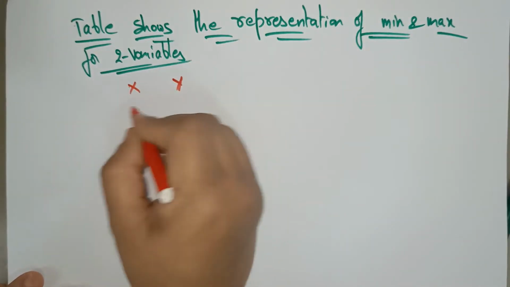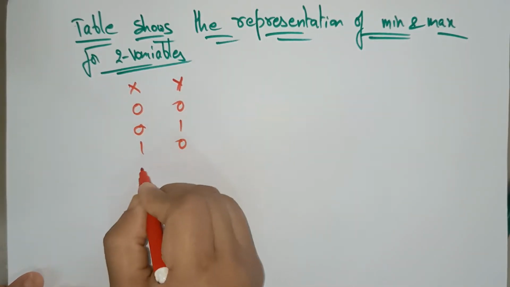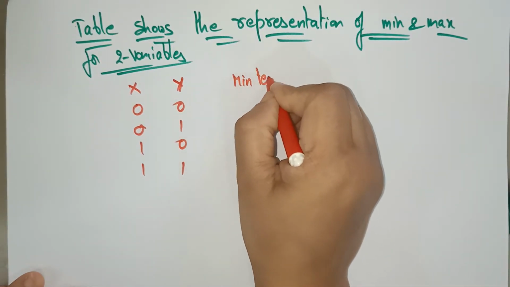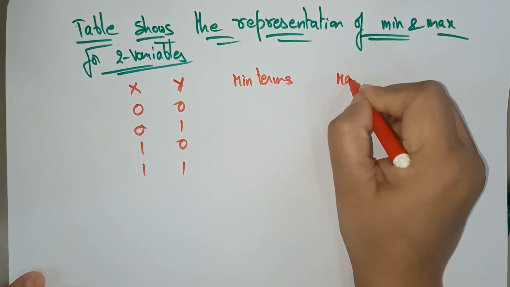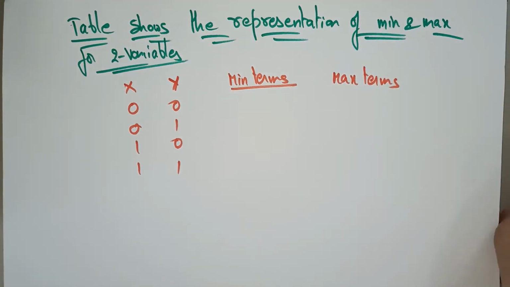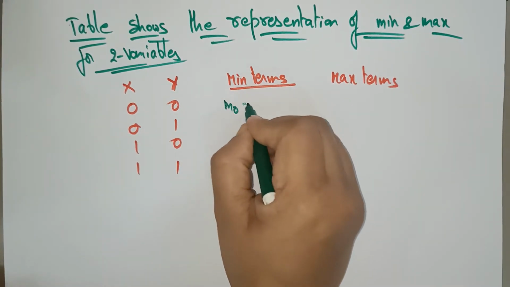So the boolean values are 00, 01, 10, 11. And what are the min terms for this? The min terms, and let me write the max terms. So min terms for these values are m0, m1.